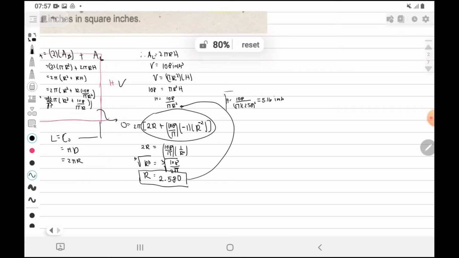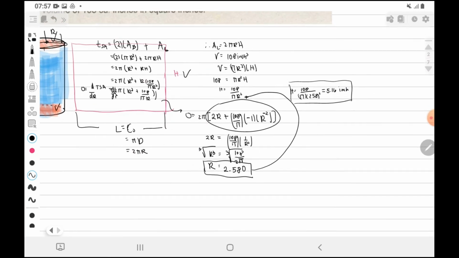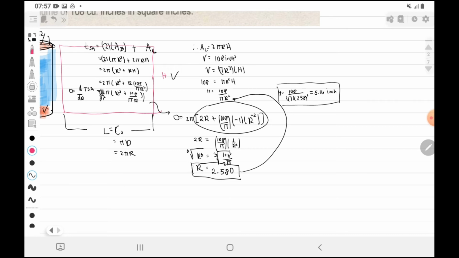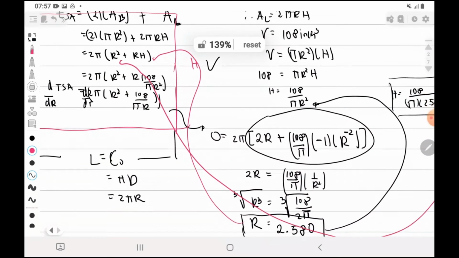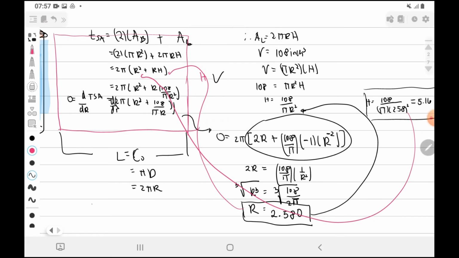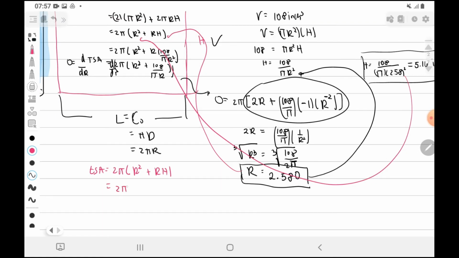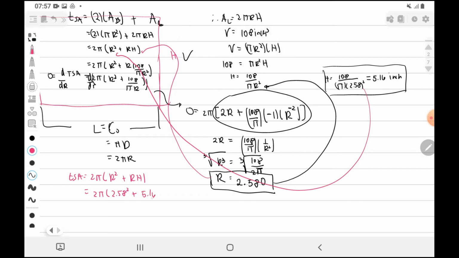In order to get the area of the tin in square inches, we'll substitute these parameters into the formula based on the problem. Our TSA will be equal to 2 pi multiplied by r squared plus r multiplied by h. So we'll have 2 pi multiplied by 2.58 squared plus 5.16 multiplied by 2.58.